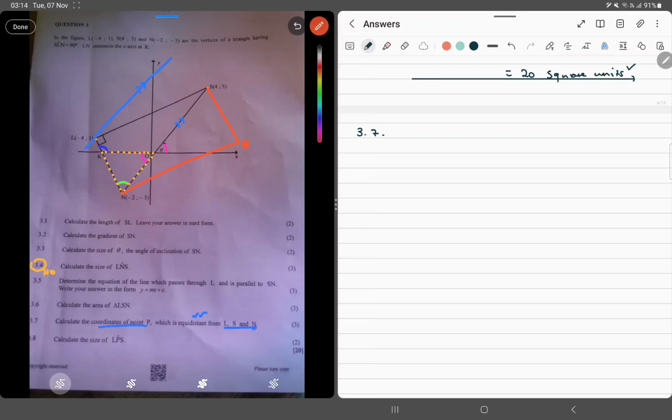Now we can see that essentially we know something: the diagonals of a parallelogram actually bisect each other at a common point. If that is the diagonal, and this one becomes another diagonal, okay, so where do they meet?